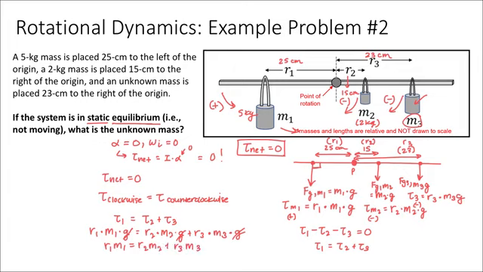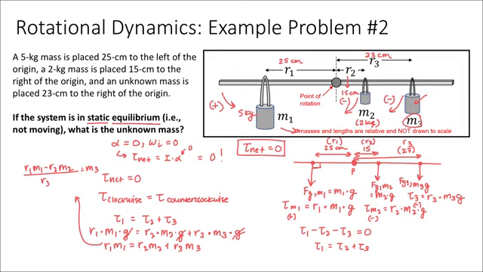And if I rearrange this equation for M3, because that's what I'm looking for and everything else is a known value, I'm going to subtract that R2 M2 term and then divide by R3, the coefficient of M3, and I'll get an equation that looks like this. R1 M1 minus R2 M2, divided by that third lever arm R3, will be equal to the mass 3 in kilograms. So then I can plug in my values and solve for mass 3 directly.